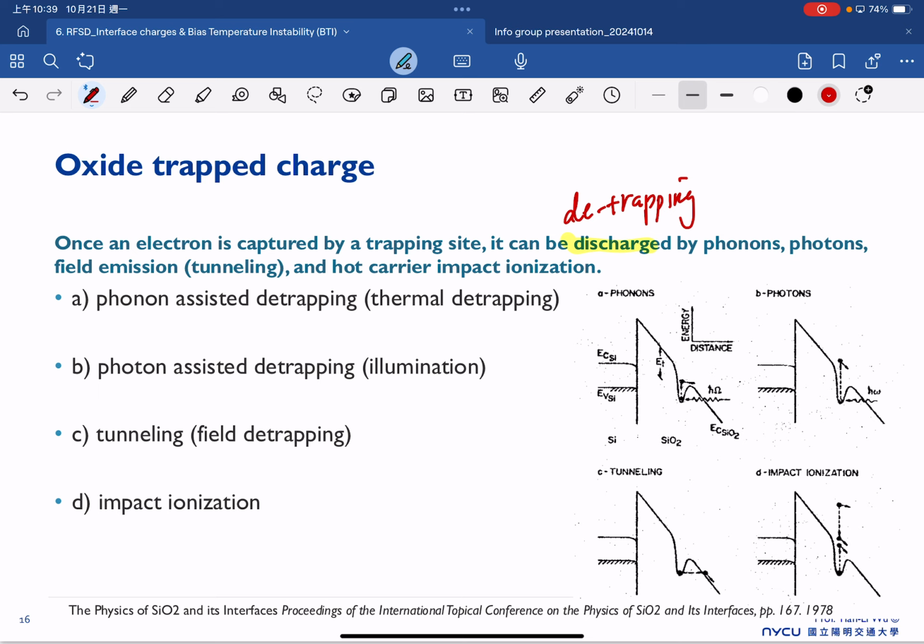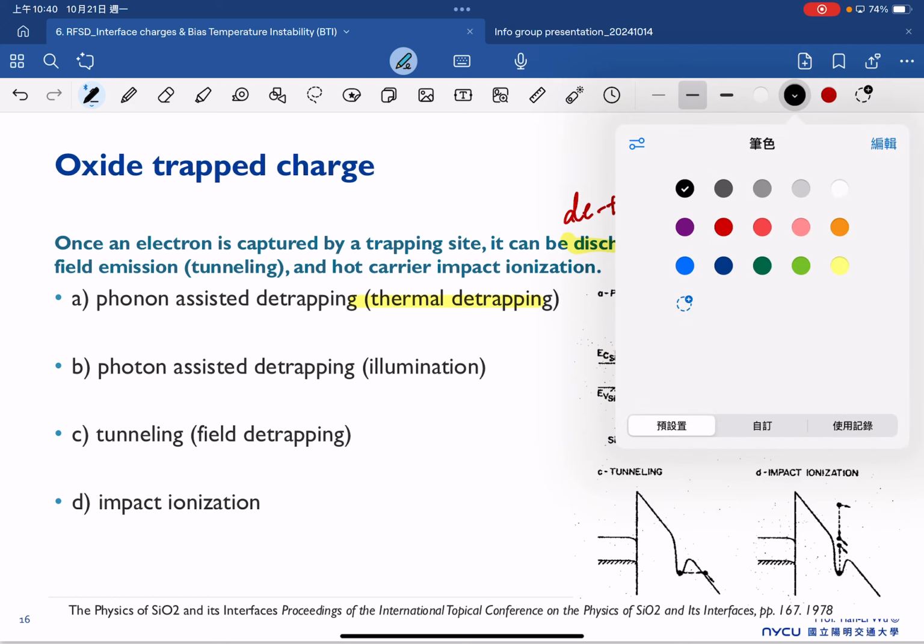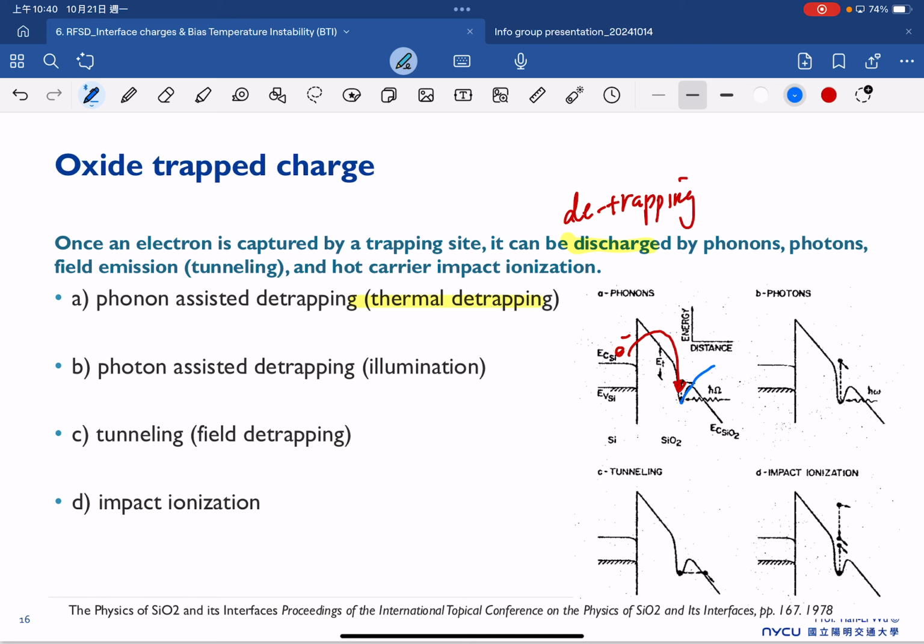The first one is called phonon-assisted detrapping, or sometimes we just call it thermal detrapping. That means the electrons start being trapped in this trap center, but now will be detrapped. This is detrapping.